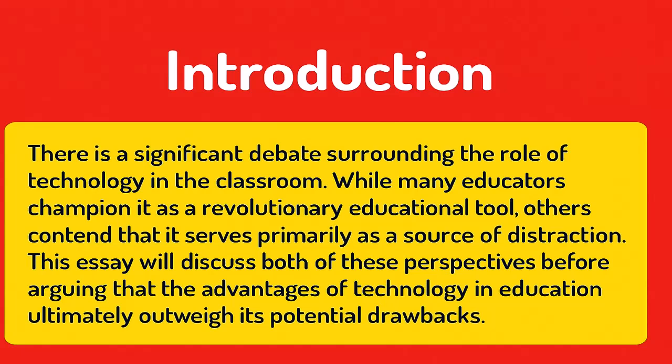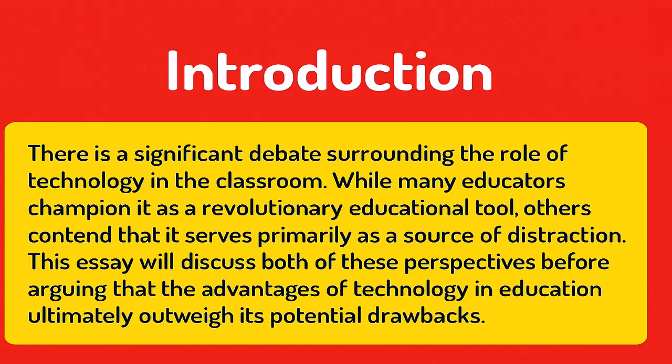It clearly states the essay will discuss both of these perspectives and then gives our opinion, arguing that the advantages of technology in education ultimately outweigh its potential drawbacks. It's concise, it covers the prompt, and it gives our opinion.